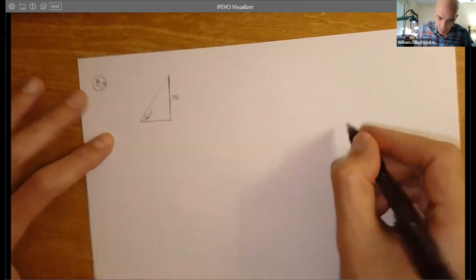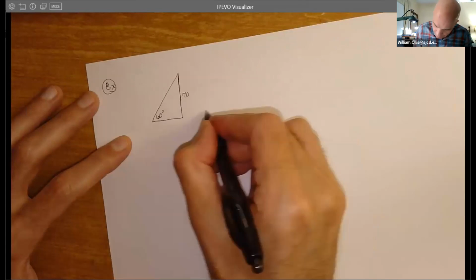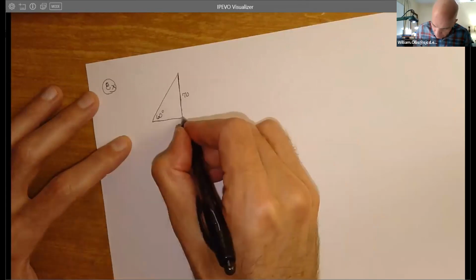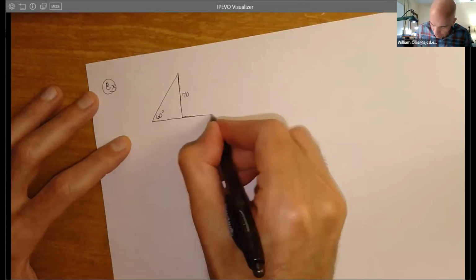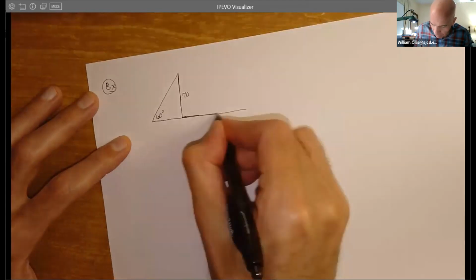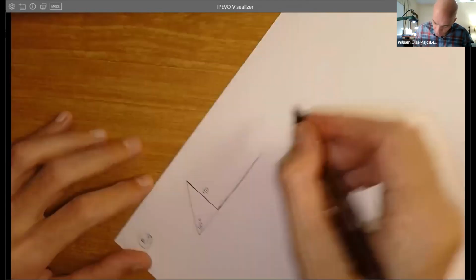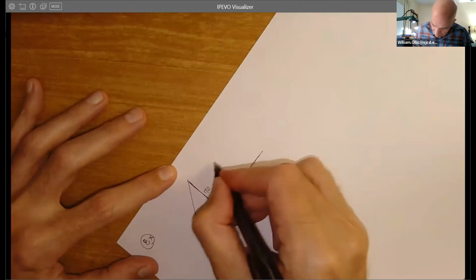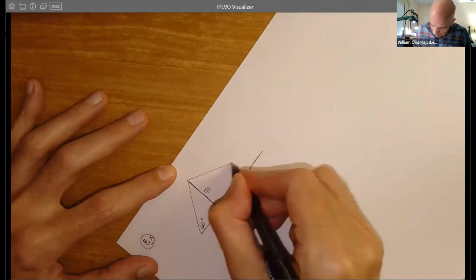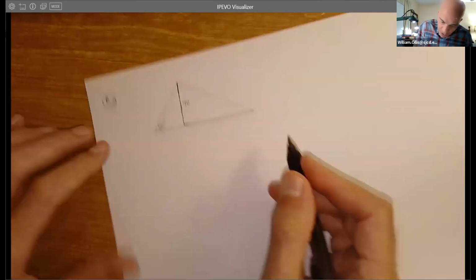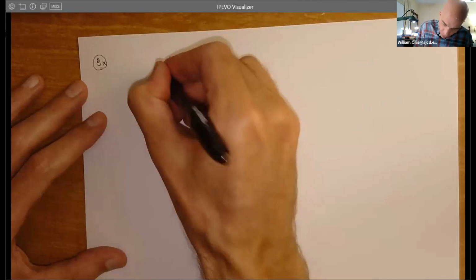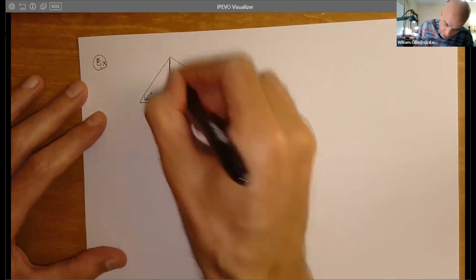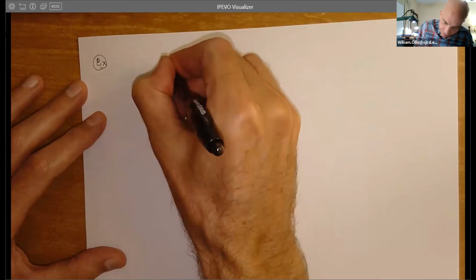And then we're going to extend and draw another 30, 60, 90. So notice up here, this is going to be a right angle here. So that'll be 30 degrees.